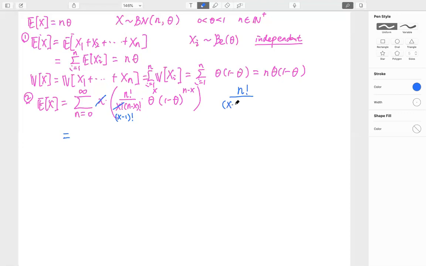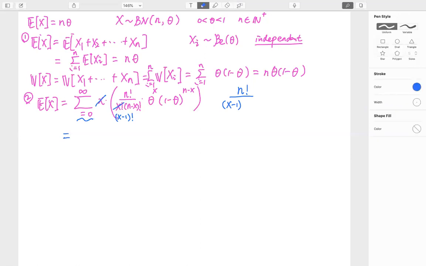So now I have n minus 1. Here the starting point is 0. Okay, so 0 doesn't matter because if x is 0, the term vanishes. Here, let me erase this.